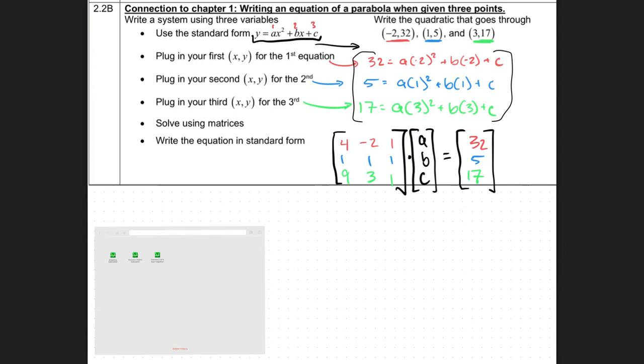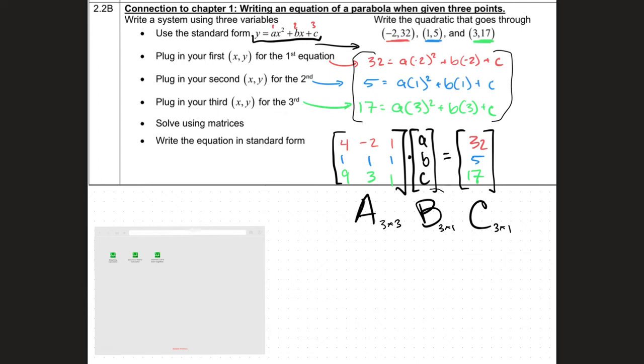Okay. So what I have here is Desmos. We're going to use that in a second. But first, we're going to remember how we use a coefficient matrix to solve. So here I just named this matrix A, matrix B, and matrix C. Matrix A is a 3 by 3, matrix B is a 3 by 1, and matrix C is a 3 by 1.